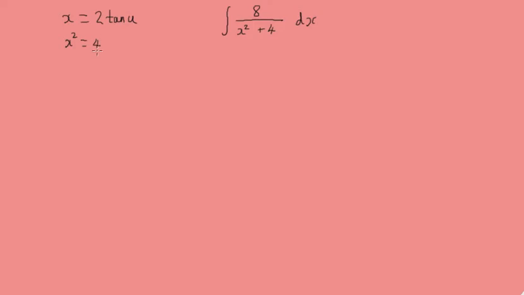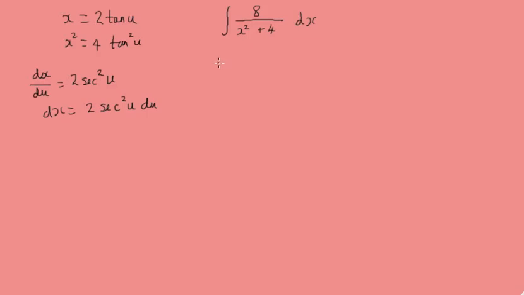It'll be 4 tan squared u. And we also need to find out what dx by du is. So that would be 2 sec squared u. So dx becomes 2 sec squared u du.